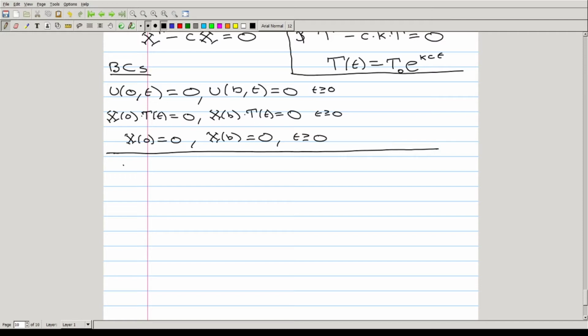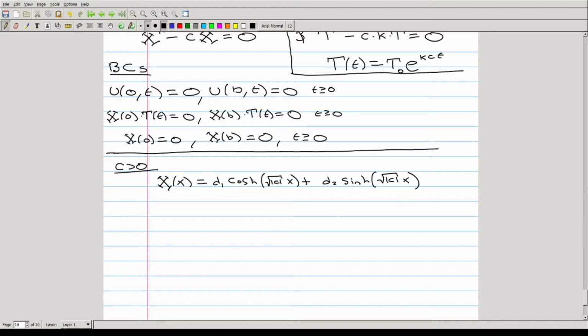The first possible value for c is c positive, in which case the solution to this differential equation in general will be X of x equal to some constant d1 times hyperbolic cosine of the square root of the absolute value of c times x, plus some constant d2 times hyperbolic sine of the square root of the absolute value of c times x.